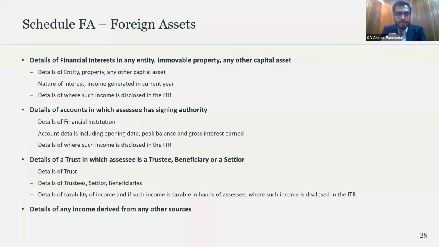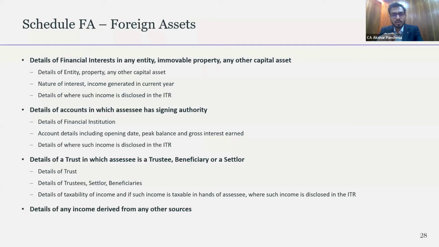Now, these are three different schedules which I have combined into one, since they ask for the same information: basically details of the entity or the property or the capital asset, the nature of the interest that you hold in such an entity or immovable property, what kind of income was generated in the current year, and whether or not such income is disclosed in your ITR, and where it has been disclosed. So this information has to be mentioned in these clauses.